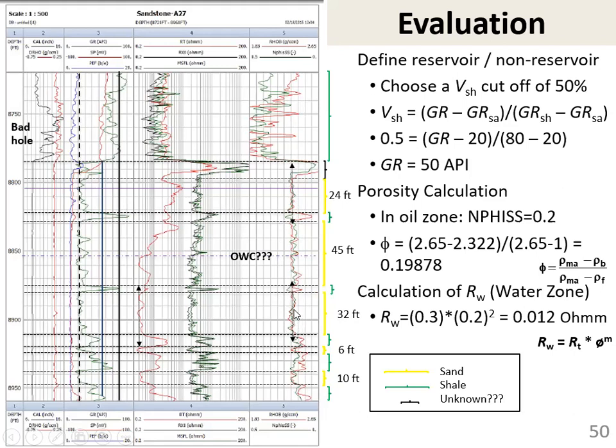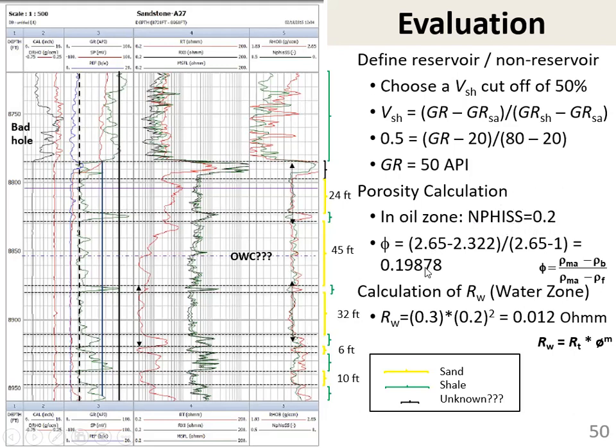So if you look at it here, as it was recommended, draw a line in between both the density and the neutron, and you see this is 0 to 0.5. So this is 0.05, this is 0.1, this is 0.15, so this is 0.2. And that's the basis for placing this. So the neutron porosity is 0.2.